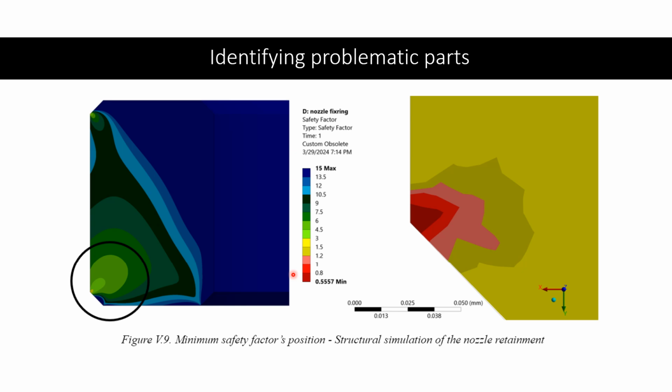As you can see here, you cannot really see the mesh, but believe me that it is very fine. We can see that the whole part has almost at minimum a safety factor of 6, and in a very small area it has a very low safety factor, 0.5.